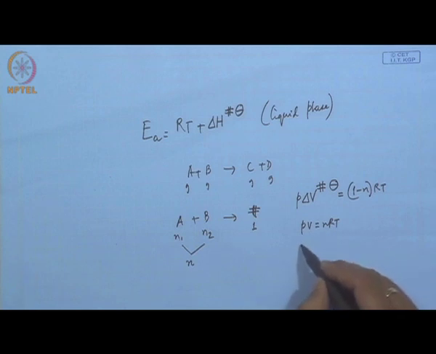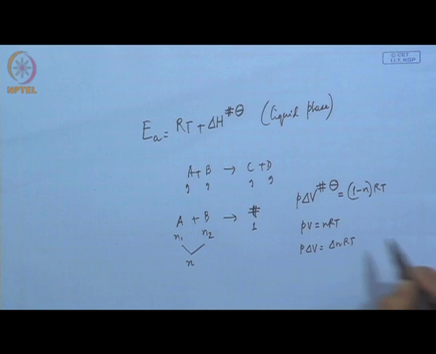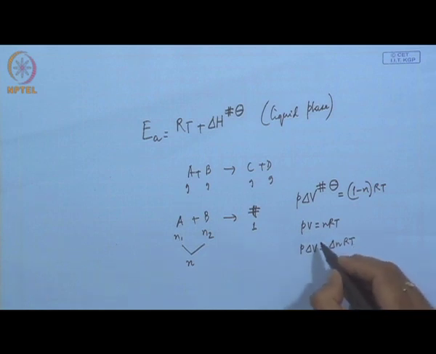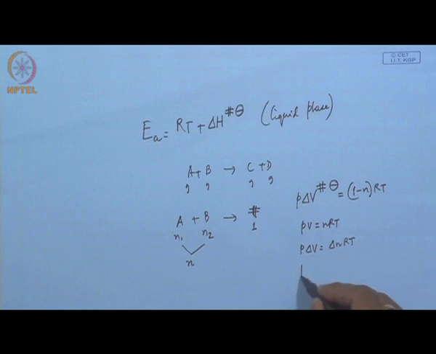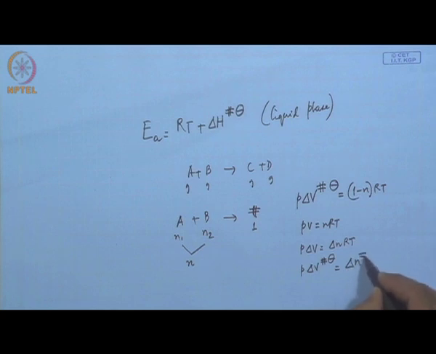Okay. So, basically PΔV is equal to ΔnRT at a given temperature, because you are carrying out this reaction at a fixed temperature. So, PΔV‡0 bar is equal to Δn‡0 bar RT.